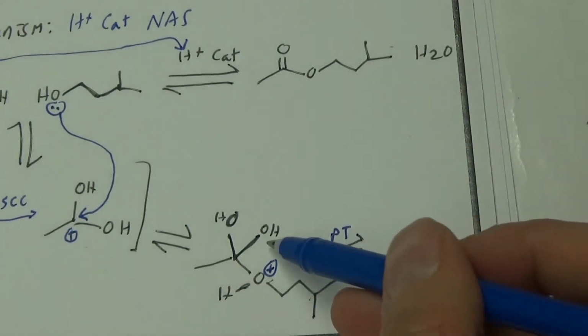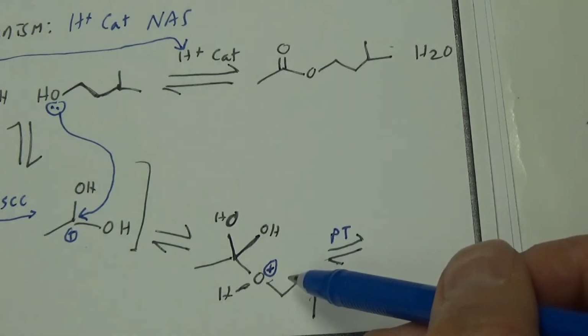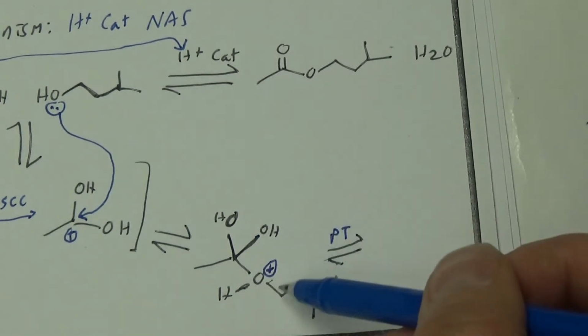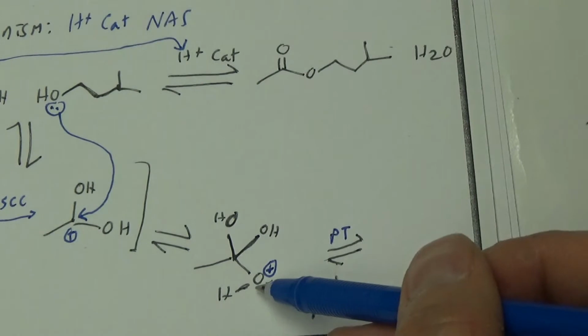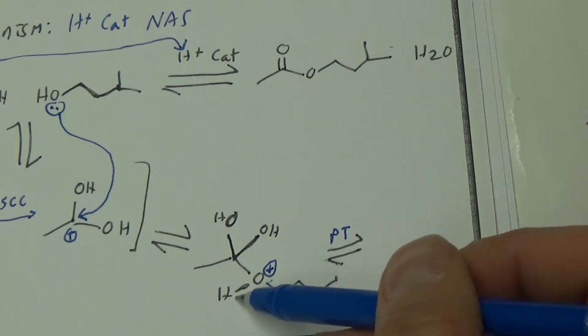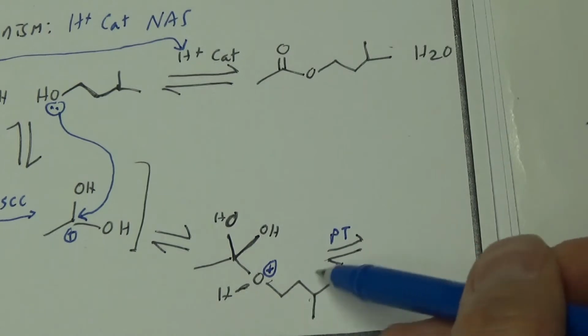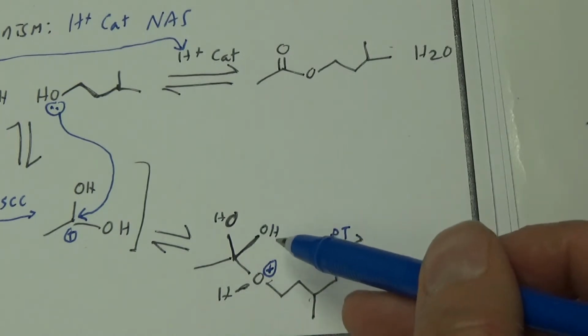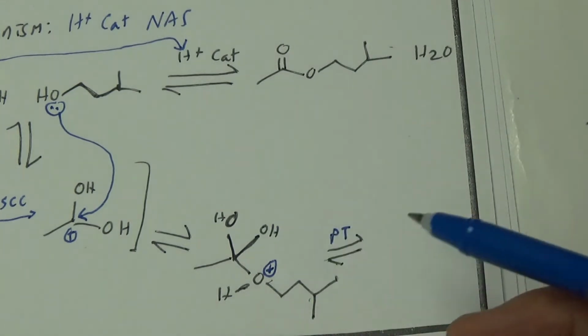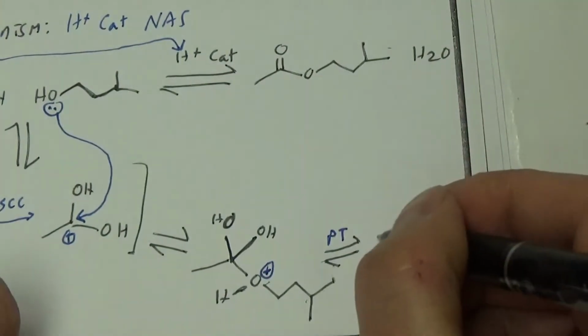Well, which OH is going to be made a leaving group? Doesn't really matter. Just pick one and PT to it. So we're going to proton transfer from the nucleophilic OH with a carbon chain to one of the other OHs. I'll just do this top right one. So I'll PT to the top right OH.